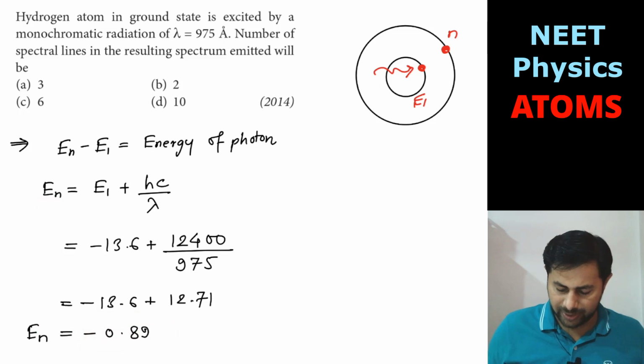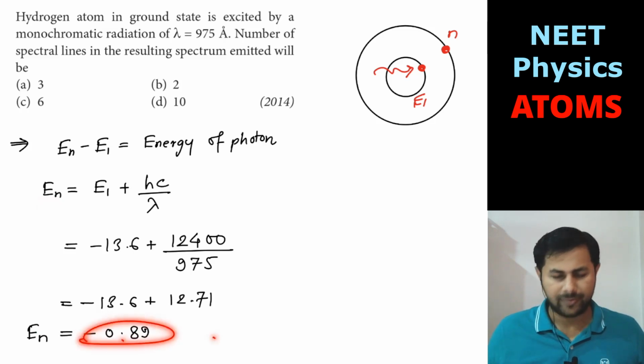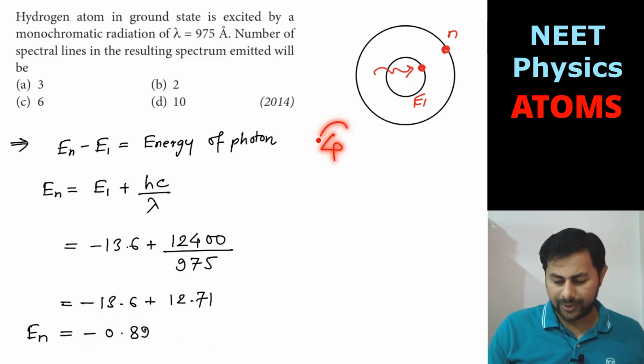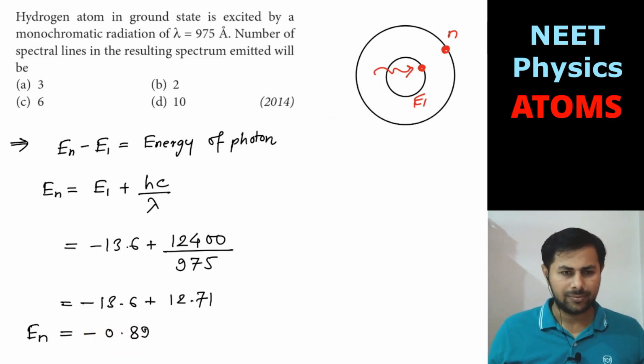Energy of nth orbit is minus 0.89. So which orbit is this one? This is the fourth one, right? E1 is minus 13.6. E2 is equal to what? Minus 3.4.